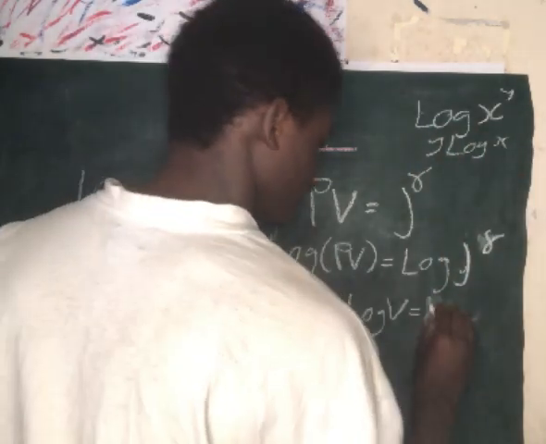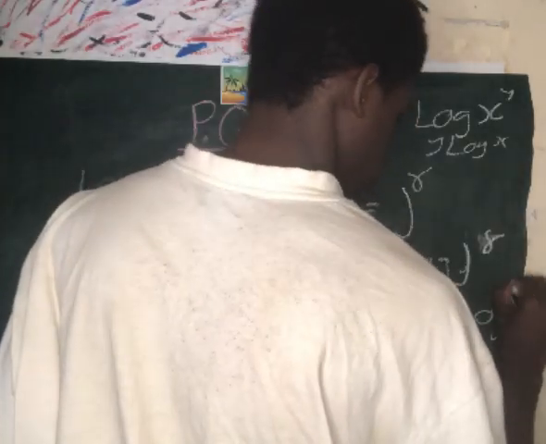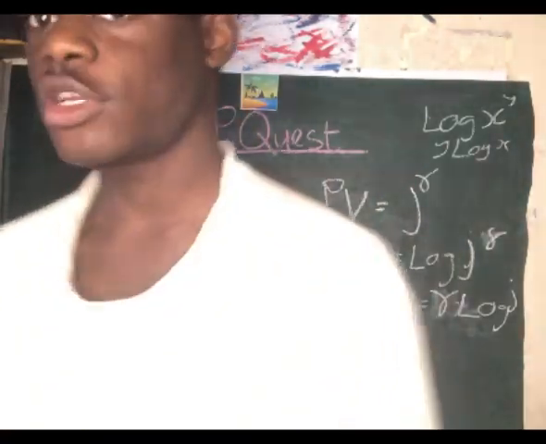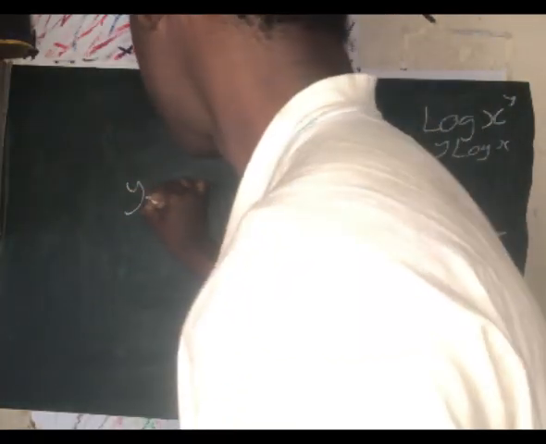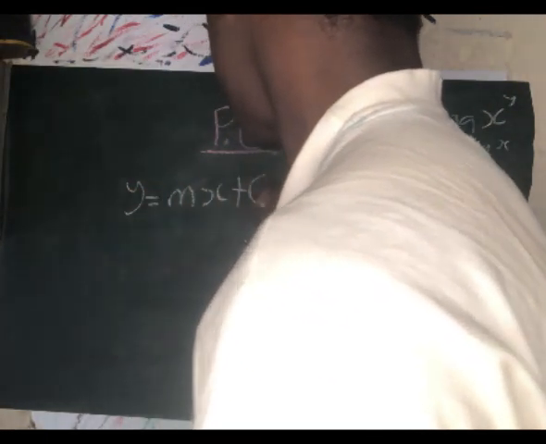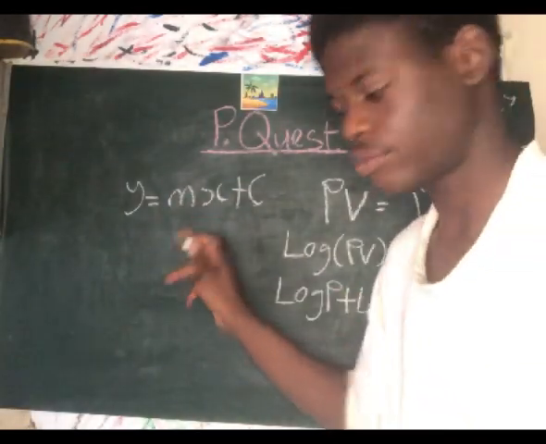So you can bring this gamma here, that will be gamma log J. What we want to do is to write this equation in a way it resembles the equation of a straight line, which is y is equal to mx plus c.